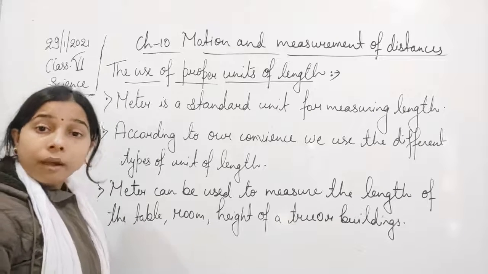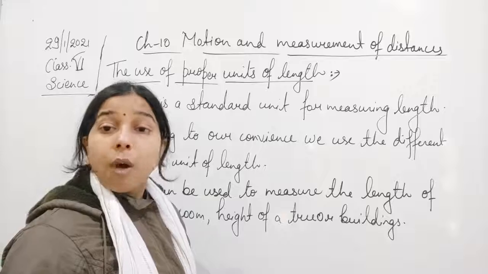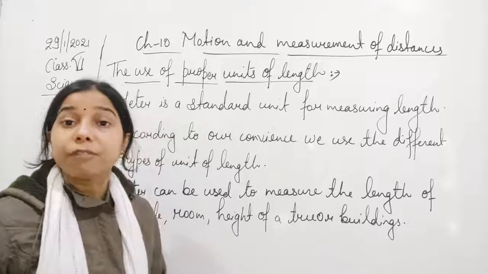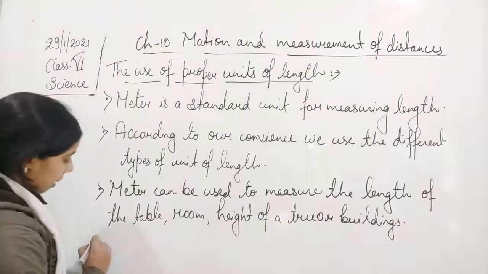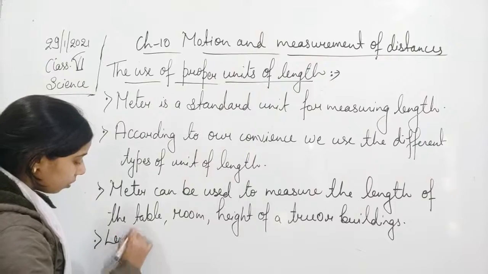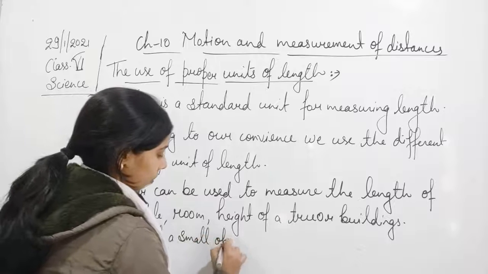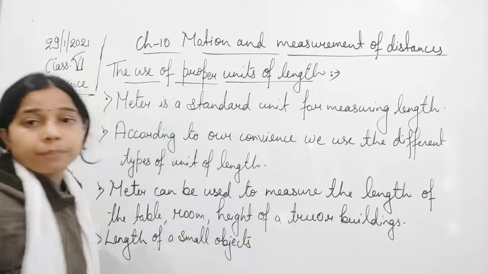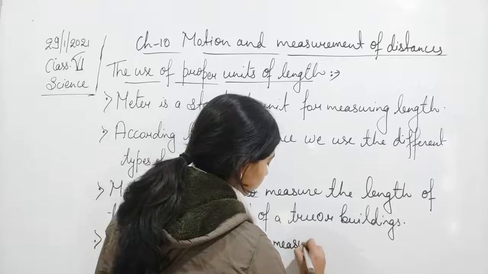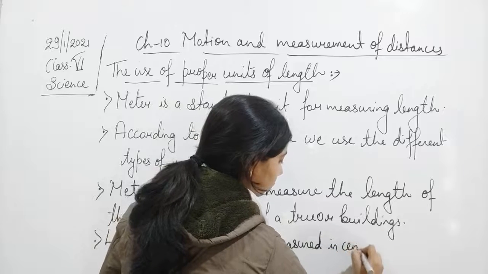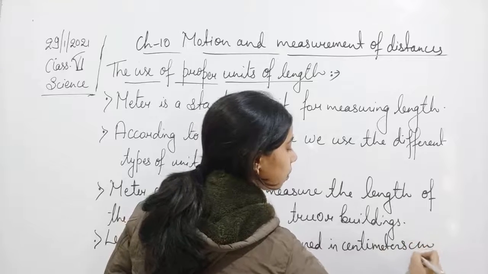What about a very small object like a book or a box? What kind of unit are we going to use to measure that object? The length of a small object is measured in centimeters, that is cm.